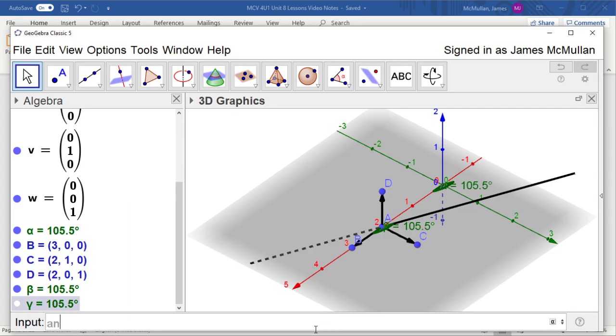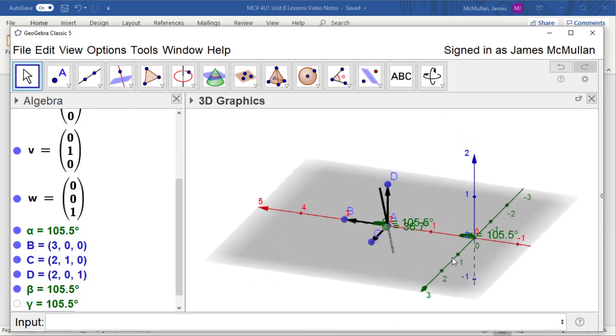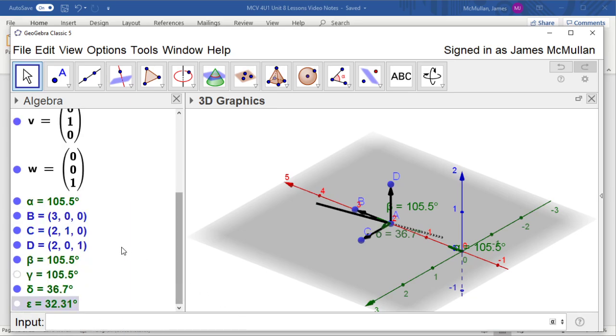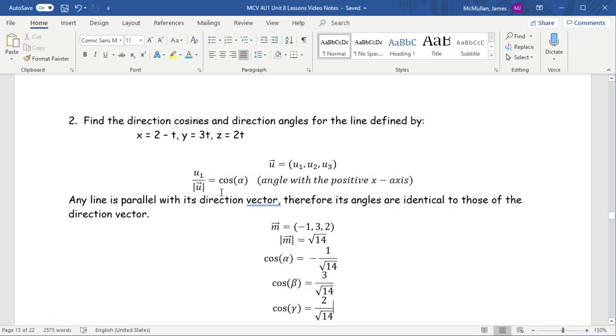Again, if we were to do an angle from C to A to a point A plus M away, we get the other direction vector there with y, which is 36.7, and that would correspond to the inverse sine of, what was it, 2 over, no, sorry, it wasn't 2. Oh, there was 3.